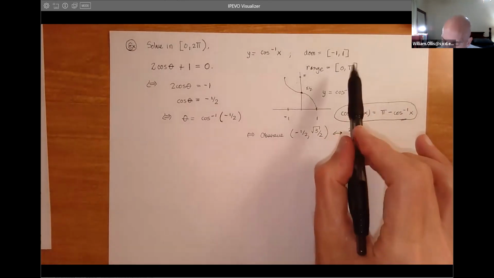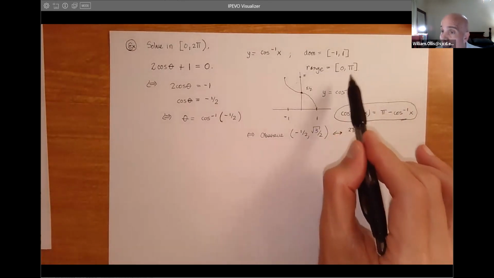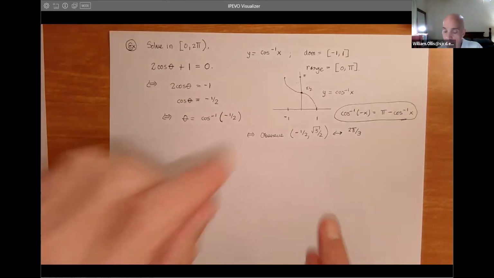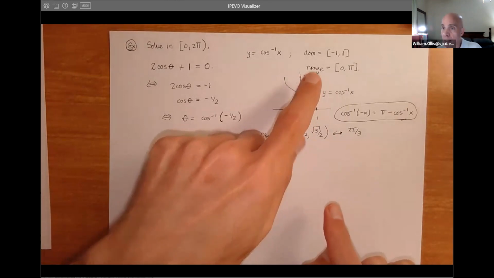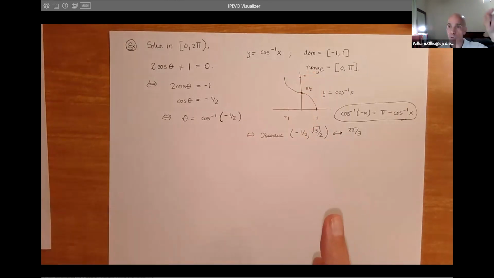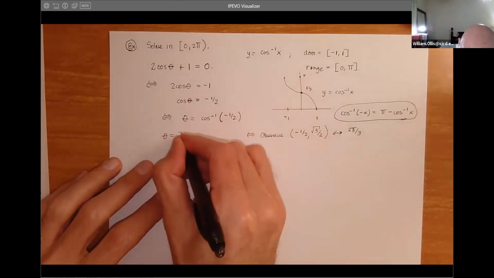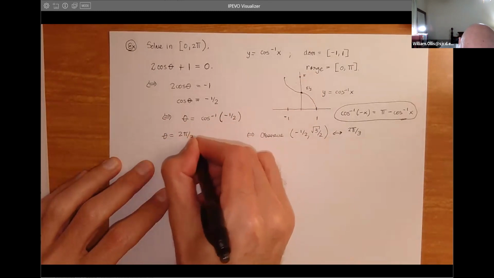We have to look for values that live in the range of the inverse cosine. Now with inverse sine, it's negative pi over 2 to pi over 2, okay? With the cosine, it's 0 all the way over to pi. So now when we write this, we have theta equals 2 pi over 3.